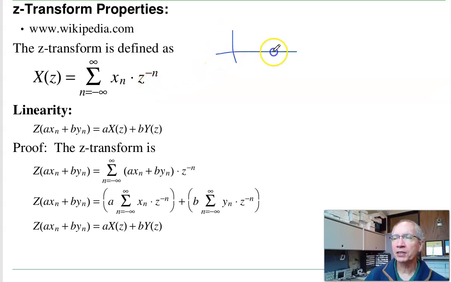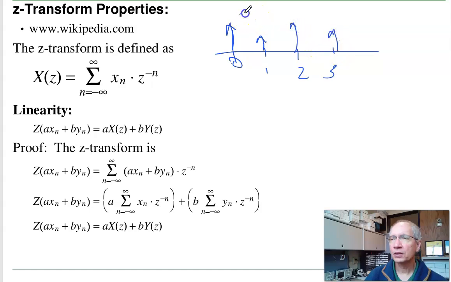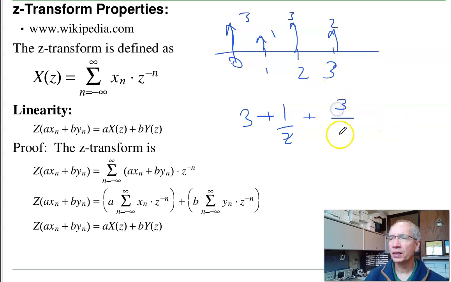What that means is if I have a function that looks something like this at k equals 0, 1, 2, 3, say 3, 1, 3, 2, then the z-transform would just be 3 at k equals 0, plus 1 delayed by 1, plus 3 delayed by 2, plus 2 delayed by 3. So that's the z-transform of this function. That's the definition of it.